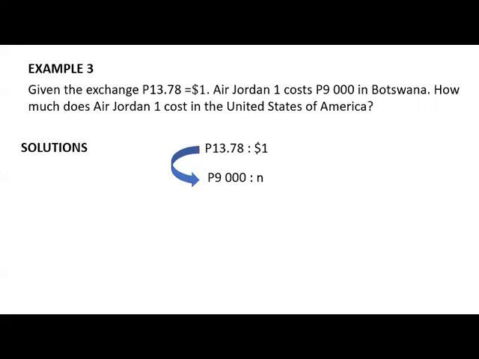That will give me 653.12, and I will simply multiply the second part of the ratio by 653.12, and that's how much the Air Jordan costs in America. It will cost you 653.12 dollars.